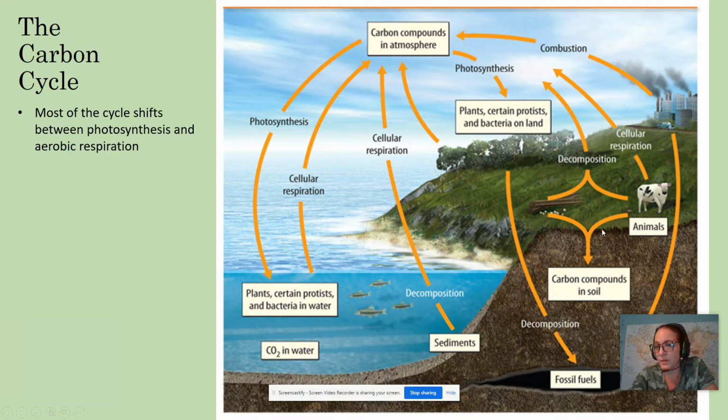And also, if this cow dies, its body is going to be broken down by those decomposers. So we're talking about worms, bacteria, and fungus, right? Those three can break that carbon back down again into a form that can be taken up and reused.